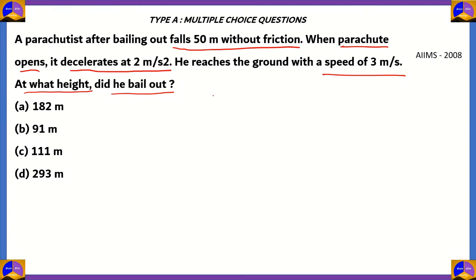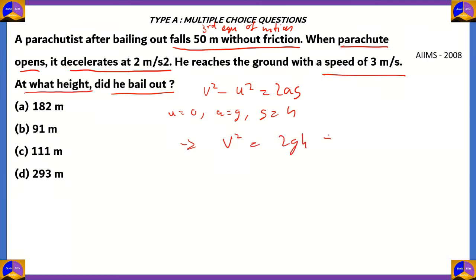So over here, for the first part, that is falling 50 meters without friction, we can use the third equation of motion. So technically v squared minus u squared is equal to 2as. And when u equals 0, a equals g, s equals h, you'll get v squared equals 2gh. That means v is equal to under root of 2gh.